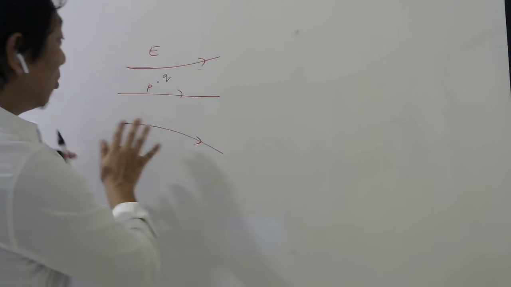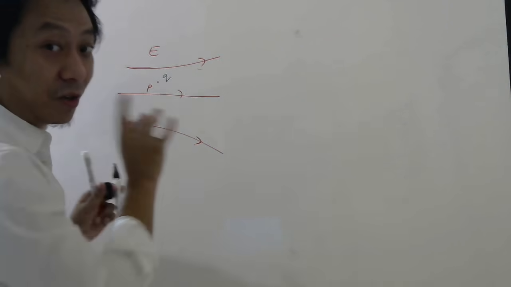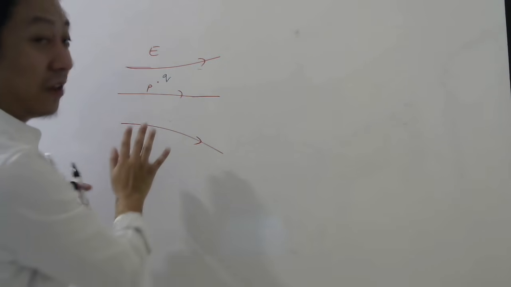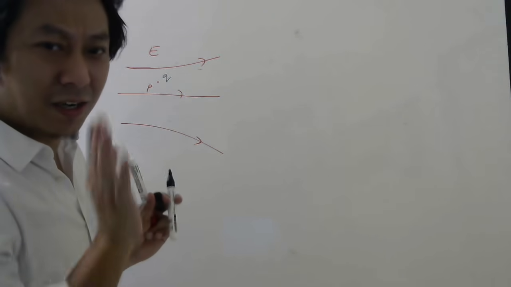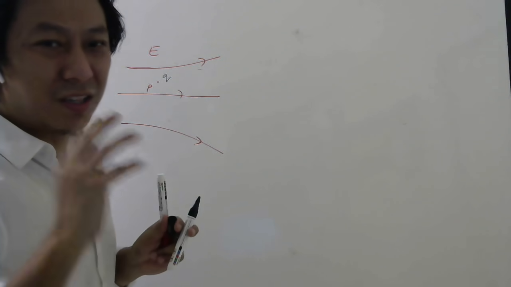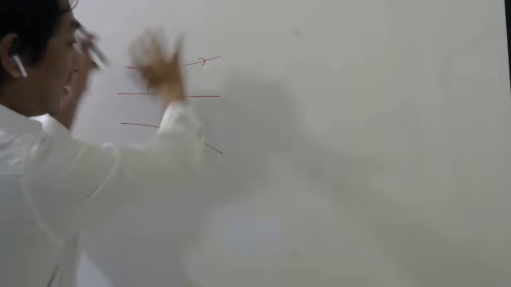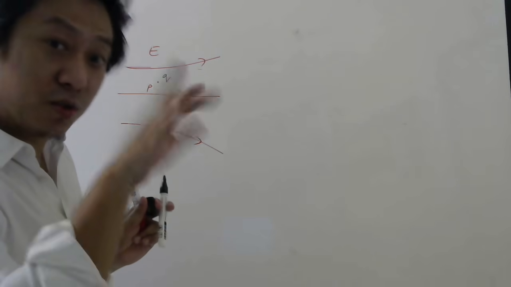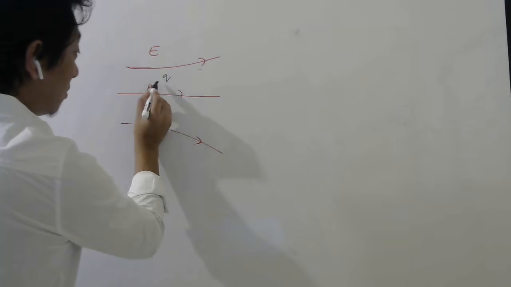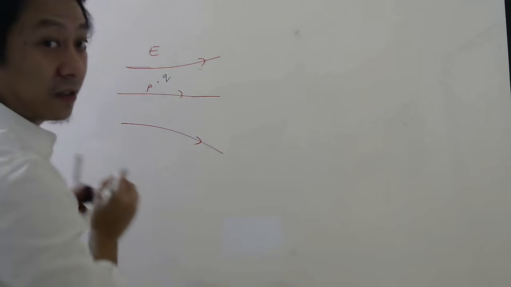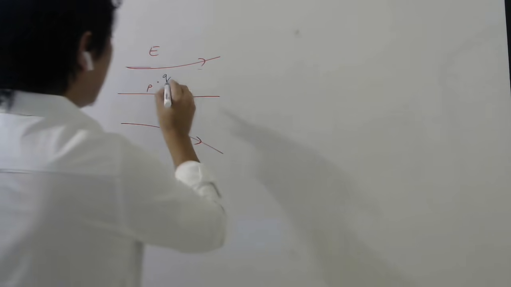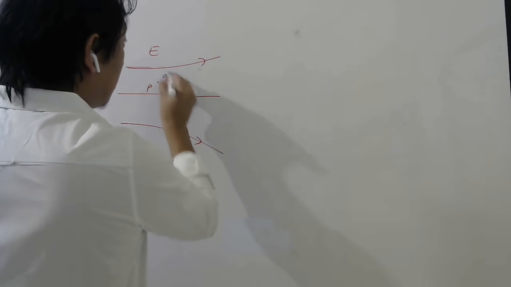So here also we need a field, but not a gravitational field, an electric field produced by some source charge. Now don't think about what kind of source charge. Just think there is an electric field in this space produced by some source charge. At some position I keep this charge. Then how do we define the potential energy of this charge?